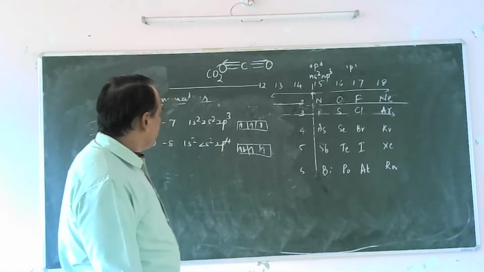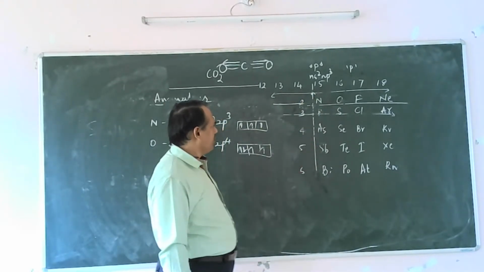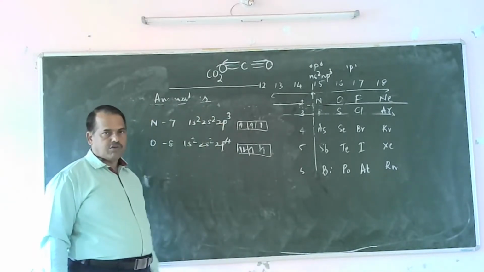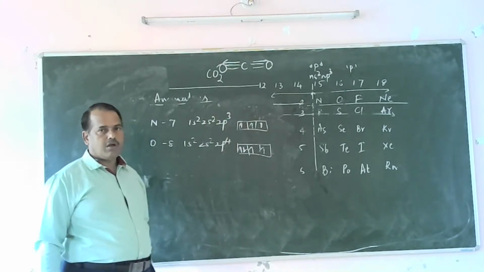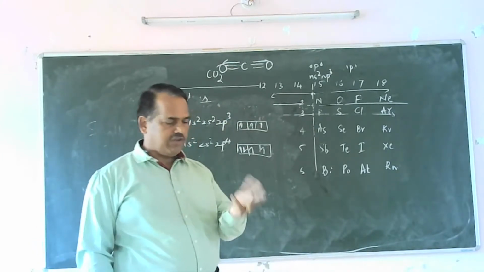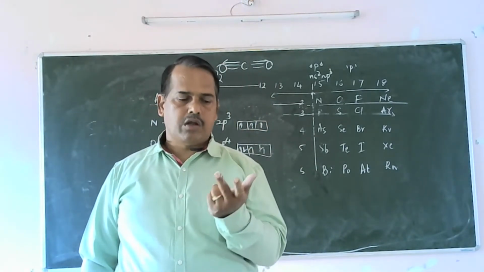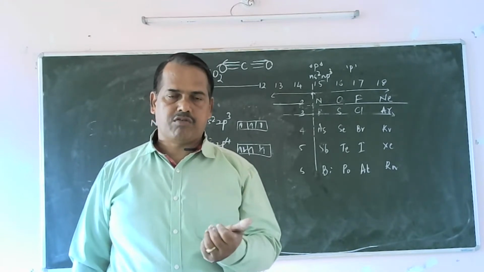Okay, we have to study the next part of group 15 elements. In group 15 elements, we have studied the general characteristics. You have to study for all the p block elements: reaction with oxygen, reaction with hydrogen, reaction with halogens, and reaction with metals.